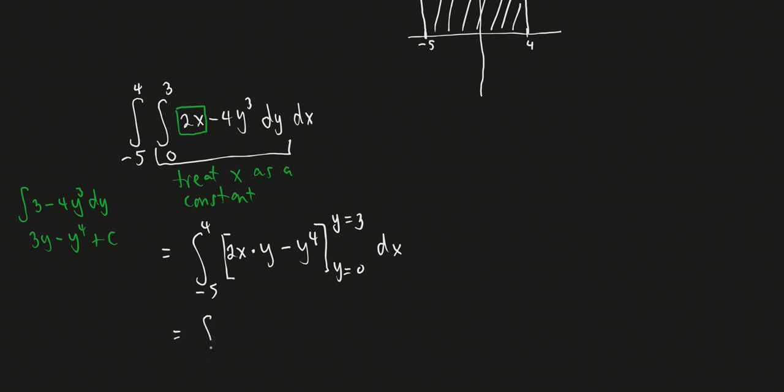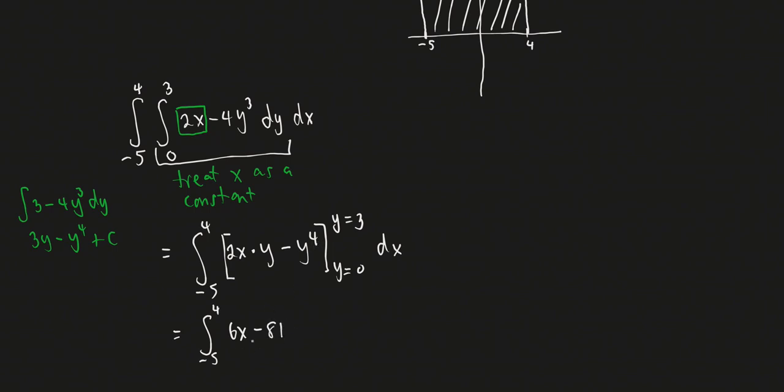So let's bring this down, from -5 to 4. Now let's use our fundamental theorem and evaluate. At the upper limit, we're going to have 2x times 3. So that's 6x. And then I'm going to have minus 3 to the 4th power. That is 81.